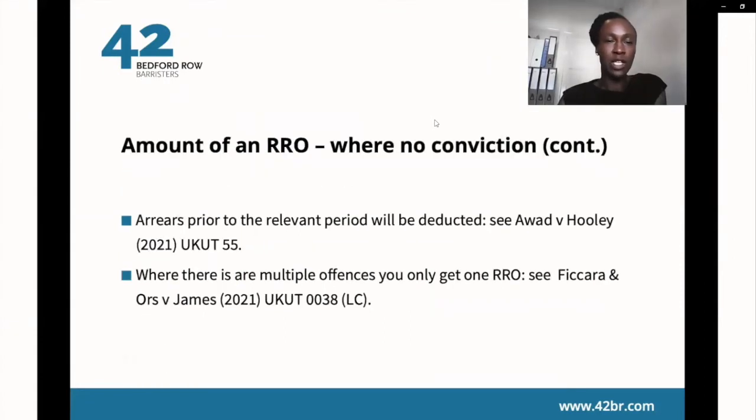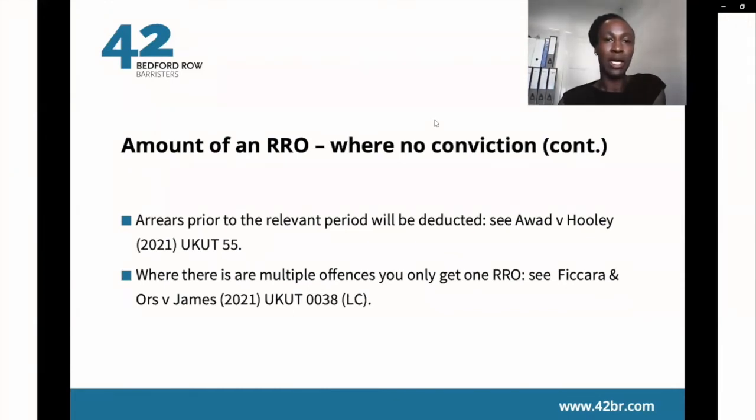A relevant consideration for the tribunal is whether or not the tenant was in arrears in respect of that relevant 12-month period. And this was something that was considered in the recent case, a case decided this year in the upper tribunal of Awad and Hooley.